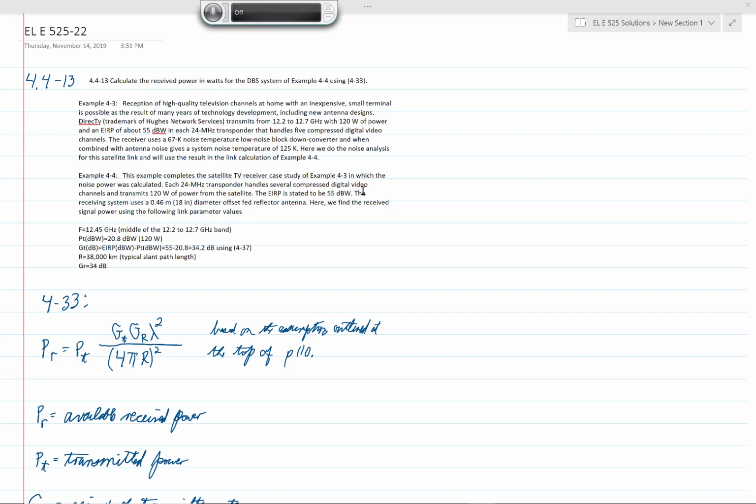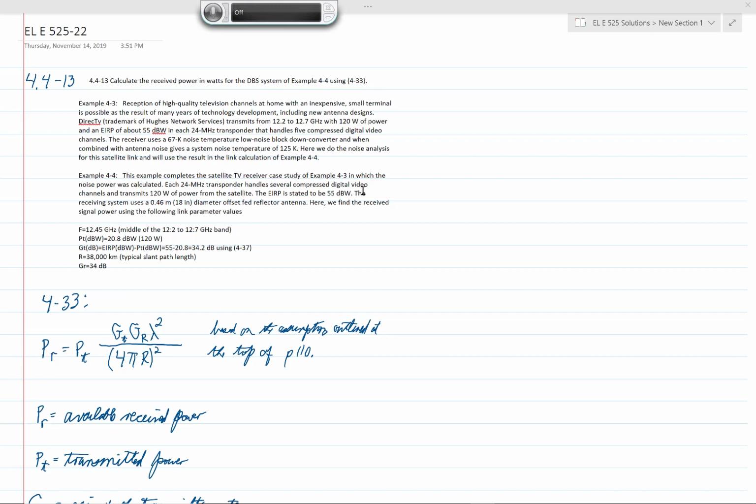It says, this example completes the satellite TV receiver case study of example 4-3, in which the noise power was calculated. Each 24 megahertz transponder handles several compressed digital video channels and transmits 120 watts of power from the satellite.